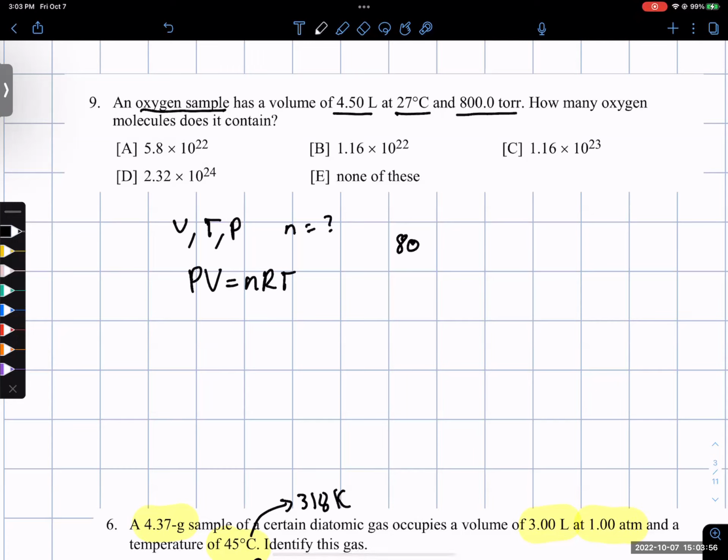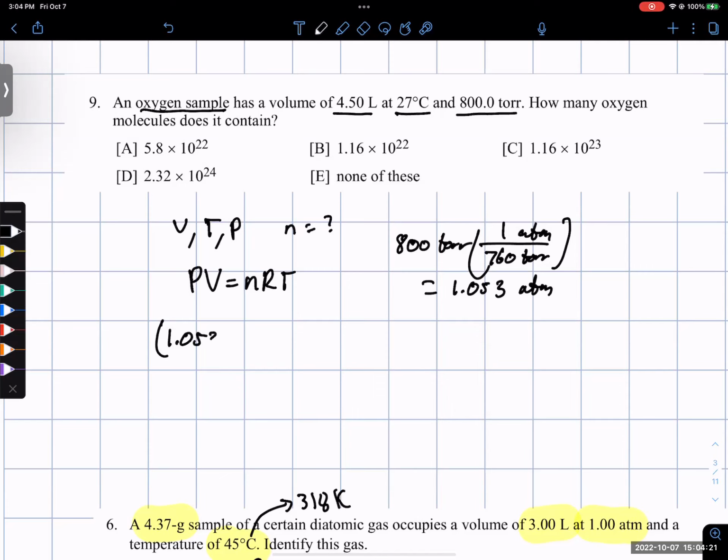So 800 torr, we'll convert that. We know that there's 760 torr in every 1 atmosphere. So if we do 800 divided by 760, we will get an answer of approximately 1.053. So now let's plug it back in.